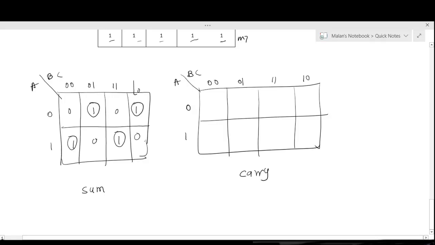Once we circle the isolated ones, we'll find the expression.